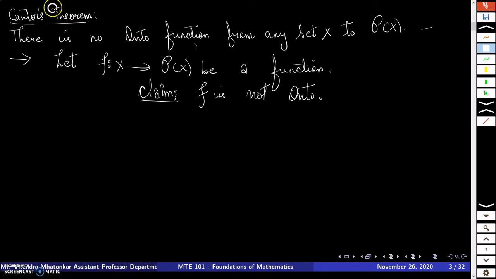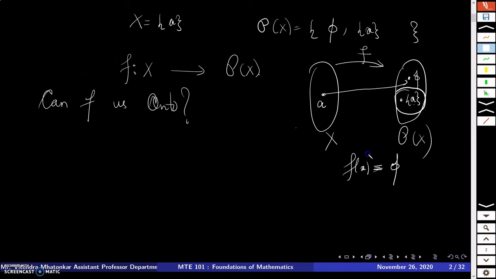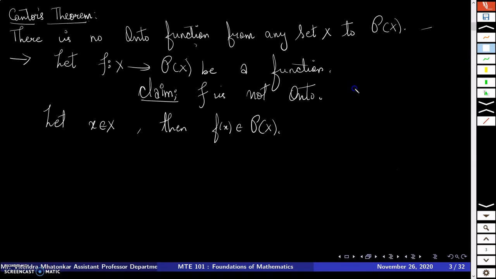So let me take some point in the set X. So let's say small x belongs to capital X. Then f of x will be there in the codomain, that's the power set of X, right? But what are the elements in the power set of X? They are subsets. So we are mapping points from X to subsets of X. Okay, remember that.